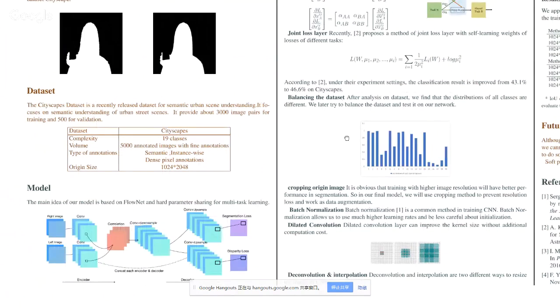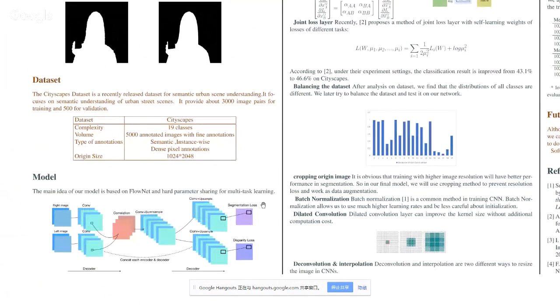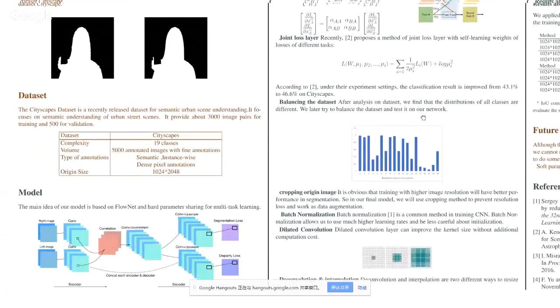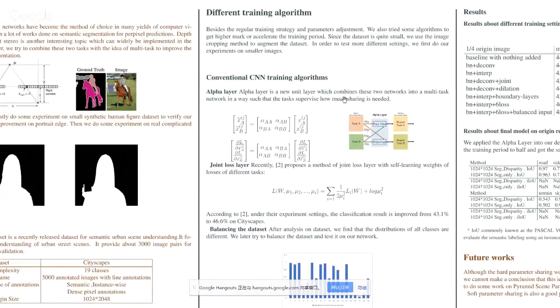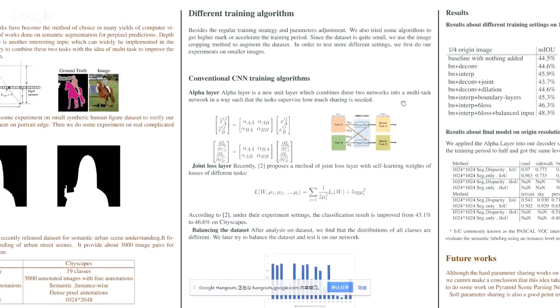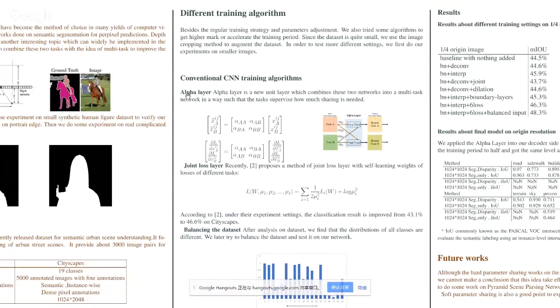And we want to get a higher performance on segmentation, so we try different training algorithms in our experiments. First are two different algorithms especially for multitask training. About the alpha layer: the alpha layer is just a linear combination between the disparity feature and the segmentation feature.